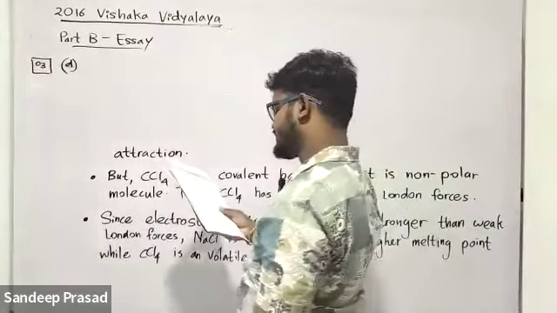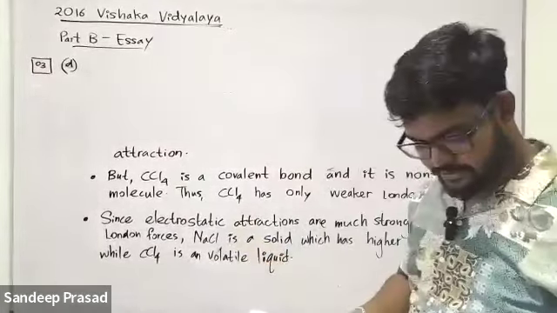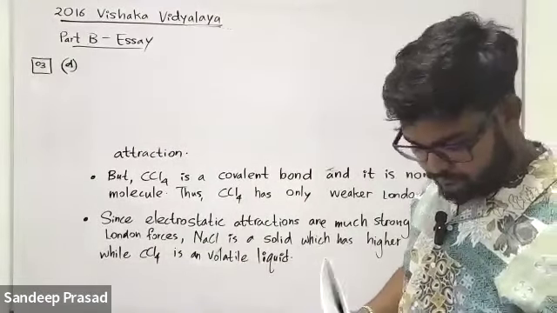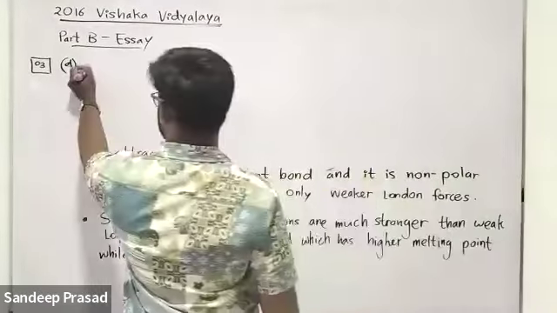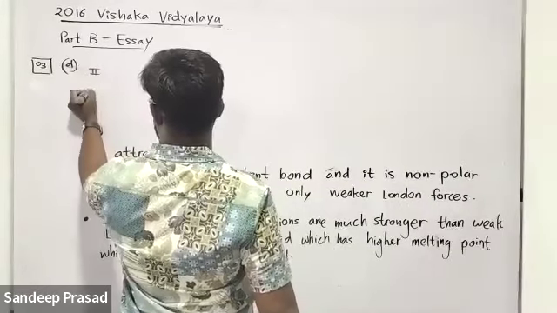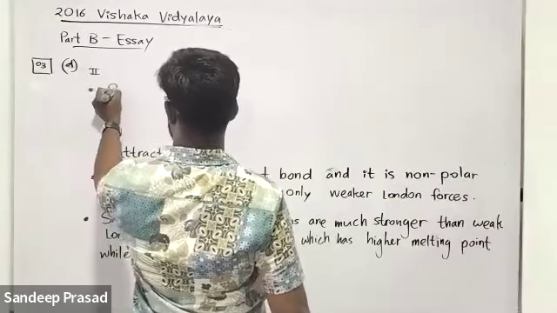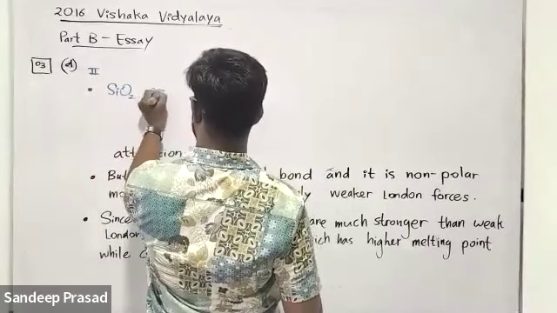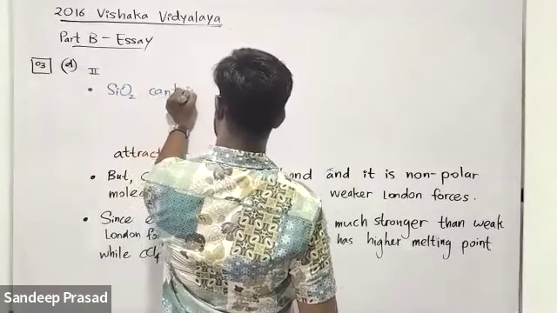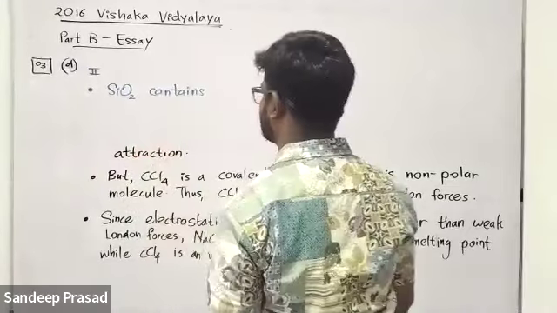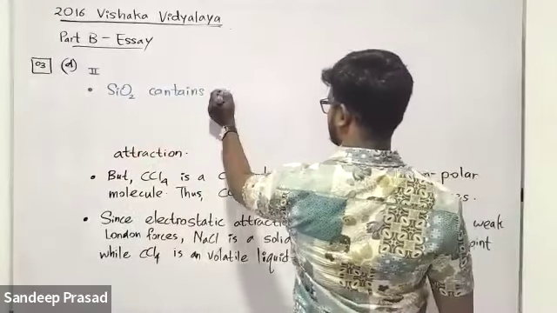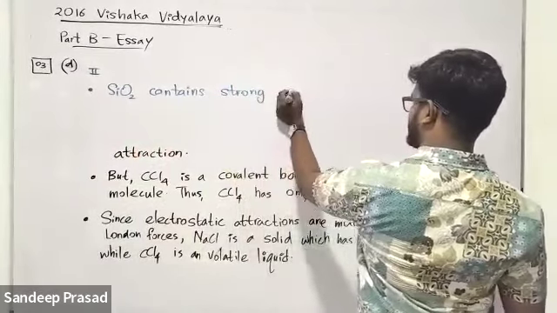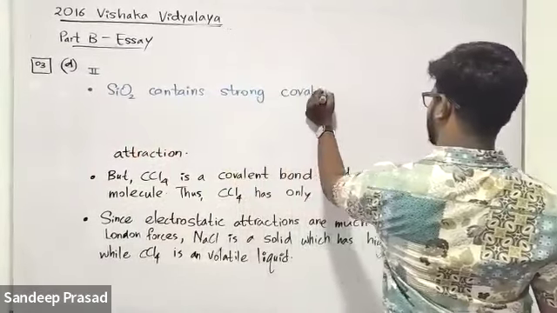Silicon dioxide is a solid with higher melting point, while carbon dioxide is a gas. Okay, we can explain in that way. So this is the way. Silicon dioxide contains strong covalent lattice.